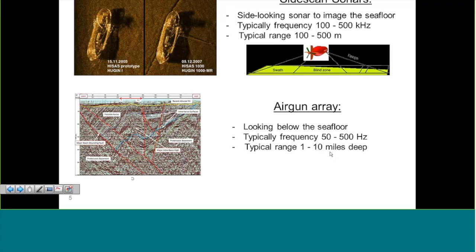Each of the sonars has a unique set of properties of frequency, directionality, duration of the signal to try and fine-tune and capture these pictures.